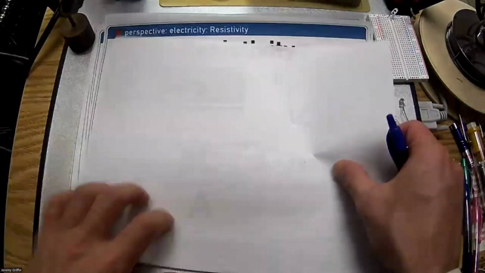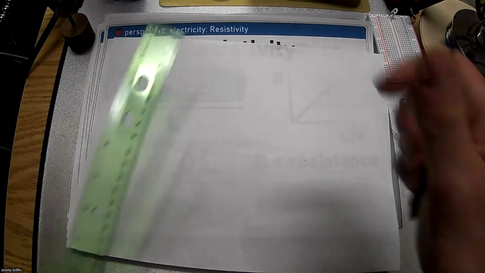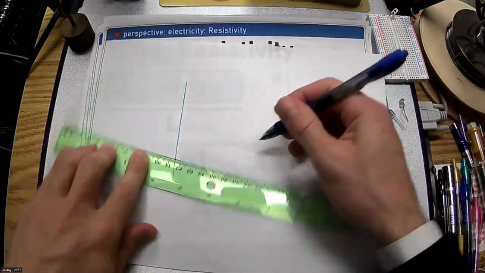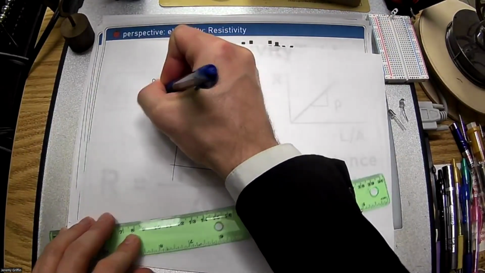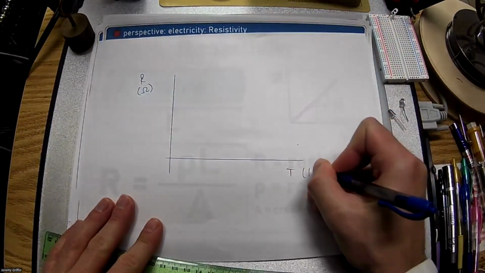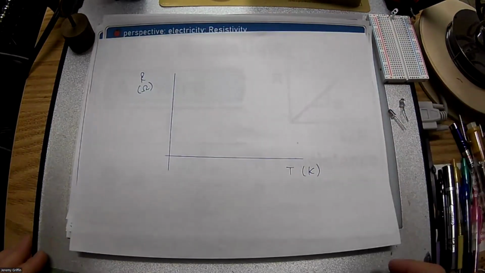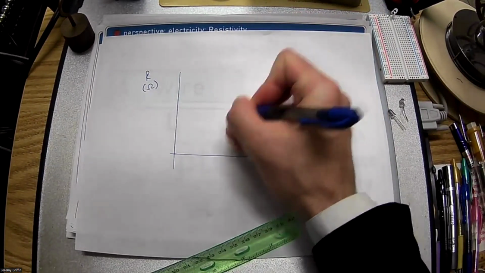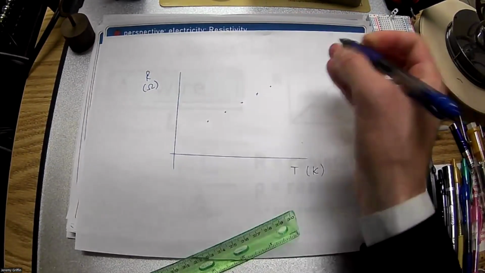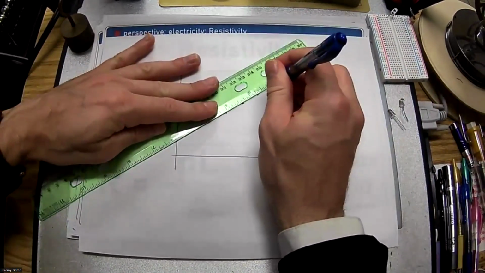If you look at resistance in a wire as a function of temperature, probably resistance in ohms as a function of temperature, maybe in Kelvin. Let's say you start with room temperature, then you make it colder and colder. You can watch this resistance come down and down. It really is about linear like that.